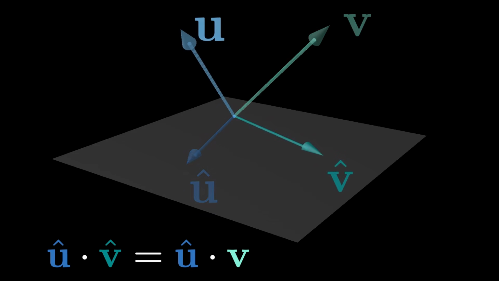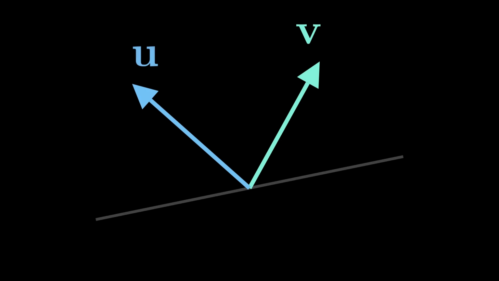We could also go the other way, dotting u with the projection of v. Projecting only one and taking the dot product gives the same result as projecting both and taking the dot product. I think that's unexpected. Let's look at it again in fewer dimensions. Now we're projecting the vectors u and v onto this line here.